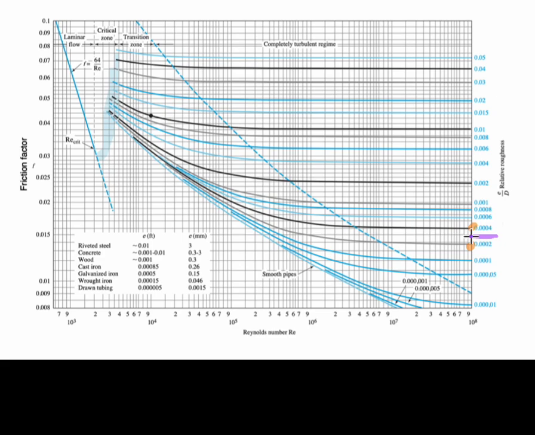Then you draw your imaginary line like this in the middle, in between those 2 lines. Then you find 5 times 10 to the 5, so it is around here. You draw a straight line here, and then you only take the intersect line here. So this is your friction factor's value. It means that in this calculation, you need to be very, very detailed.